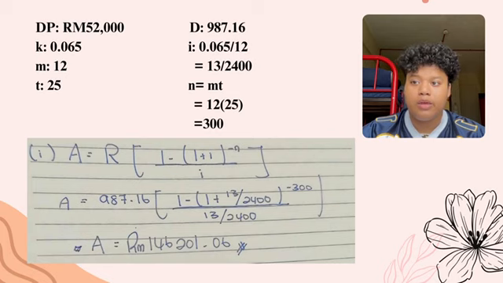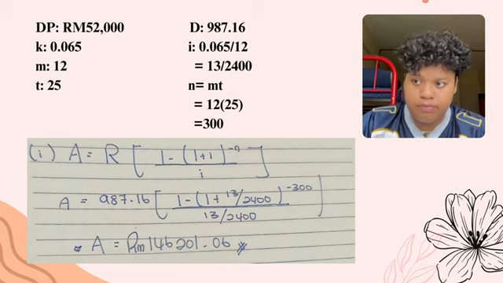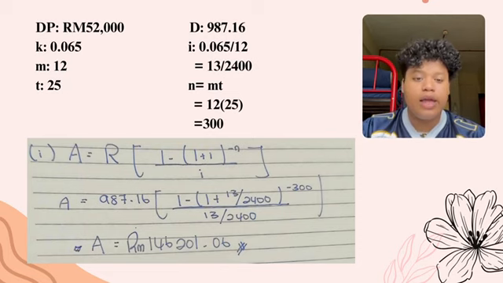Based on question number 1, you need to find the amount of the loan. So you need to list the information in the formula. R is 987.16.